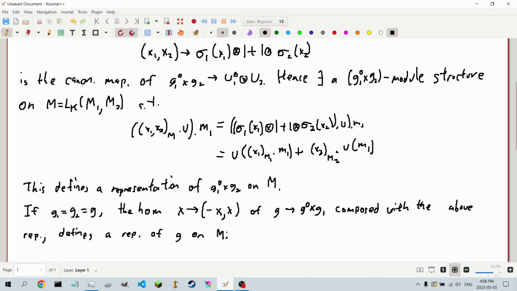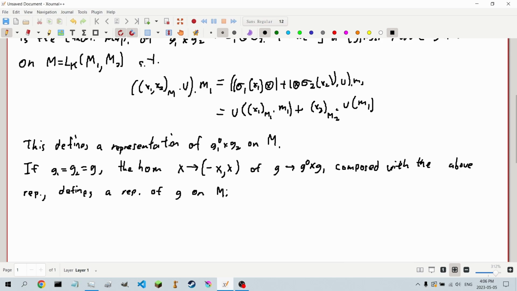and does that by x in the context of M acting on an element U, then acting on an element of M1 is the component of x in M2 acting on U of M1 minus U acting on x of M1 acting on M1.